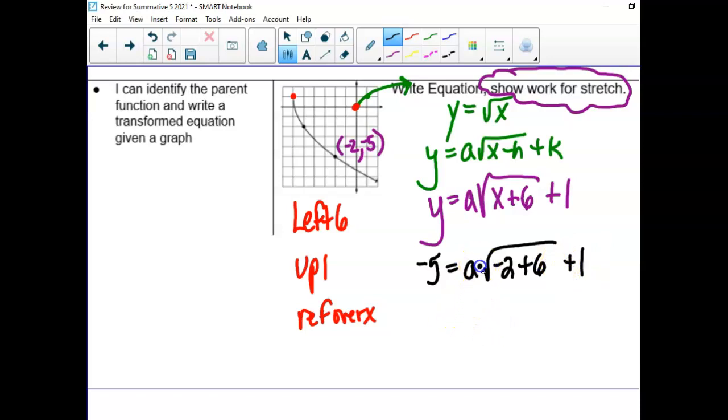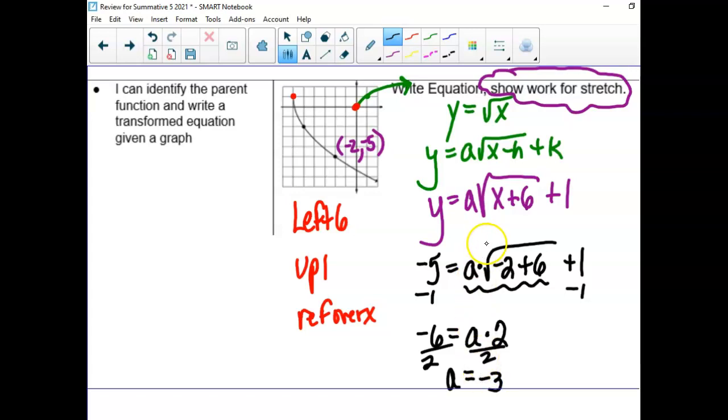All right, and remember this is multiplied together. So I can subtract 1 over here. -2 plus 6 is 4. Guys, what's the square root of 4? So A is, when you divide both sides by 2, -3.